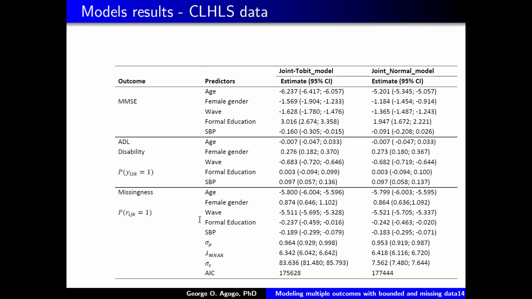And again here, under the missingness, we see that advanced age, follow-up time, education, and increased blood pressure increase the susceptibility of missing observations or missing outcome in subsequent waves. So a negative value here means that an increase in those risk factors increases the susceptibility to missingness in subsequent waves.